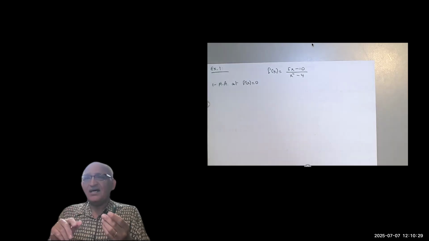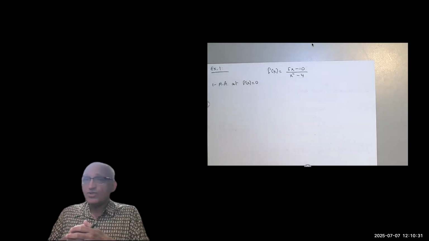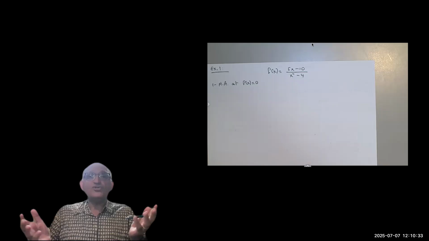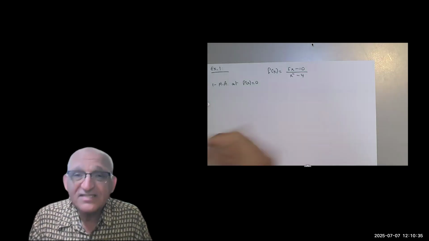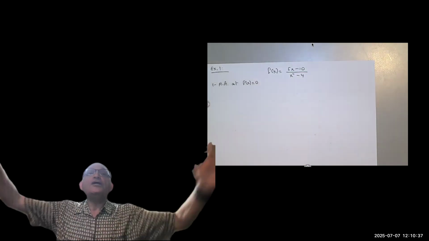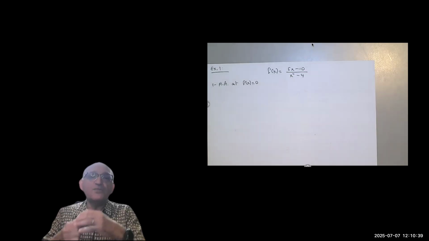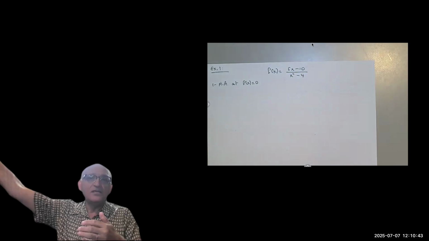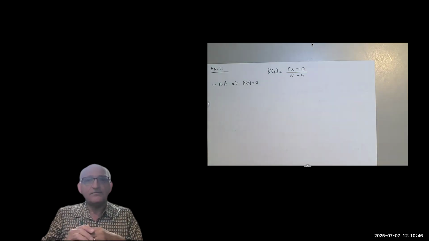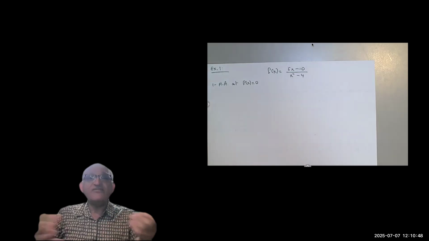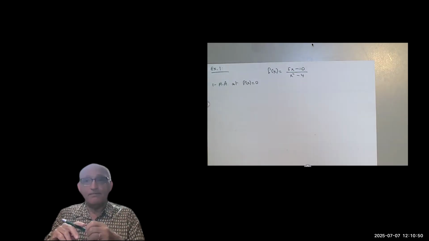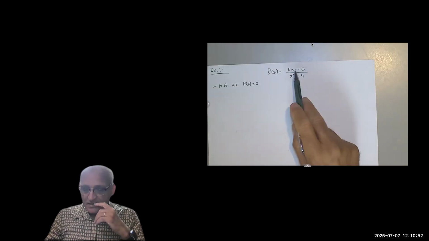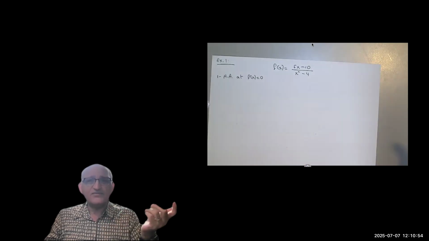And you say, should I memorize? No, you shouldn't memorize anything. All you have to do is to say, what happens if x gets very large or very small? Meaning if x is either, say, 1 billion or negative 1 billion. Notice that if x is say 1 billion, then 5x minus 10 is the same as 5x.